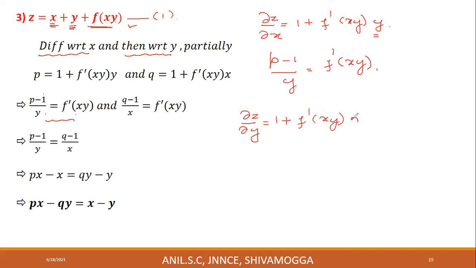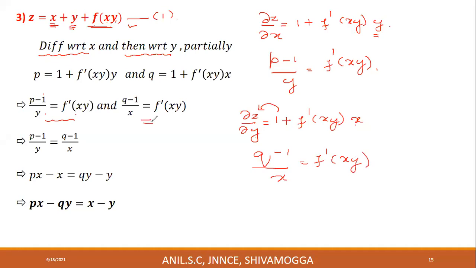That means x is constant, keep it as it is. The derivative of y is 1. And we know that del z by del y is denoted by q. Transform this plus 1 to LHS. It will be minus 1 divided by this x is equal to f dash xy.